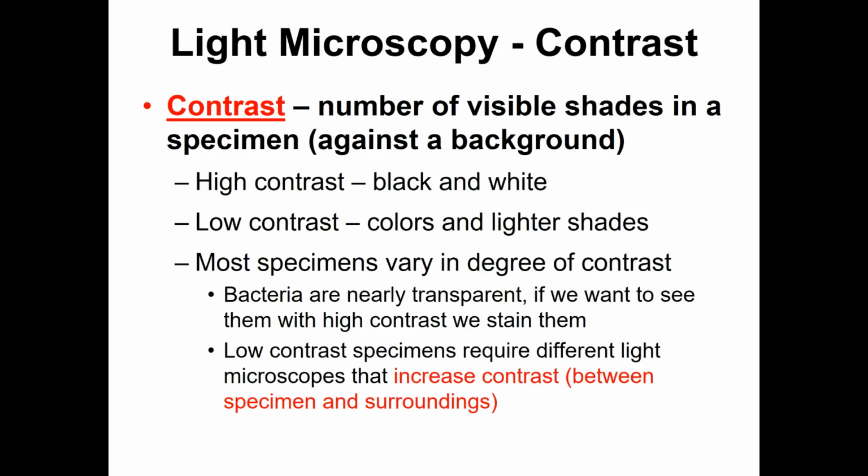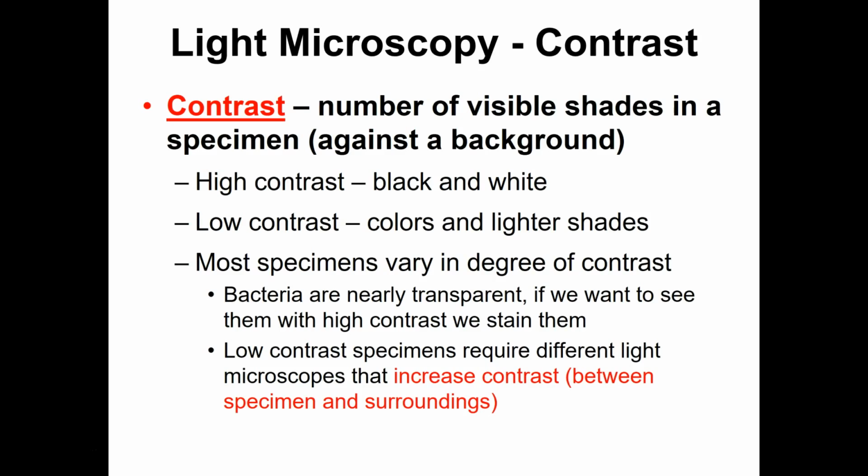So we apply very dark colored stains to our bacteria to boost their contrast, to make them dark purple, dark blue, black, orange against a bright white background, so they're easier to see. And this is also why cells have to be dead.